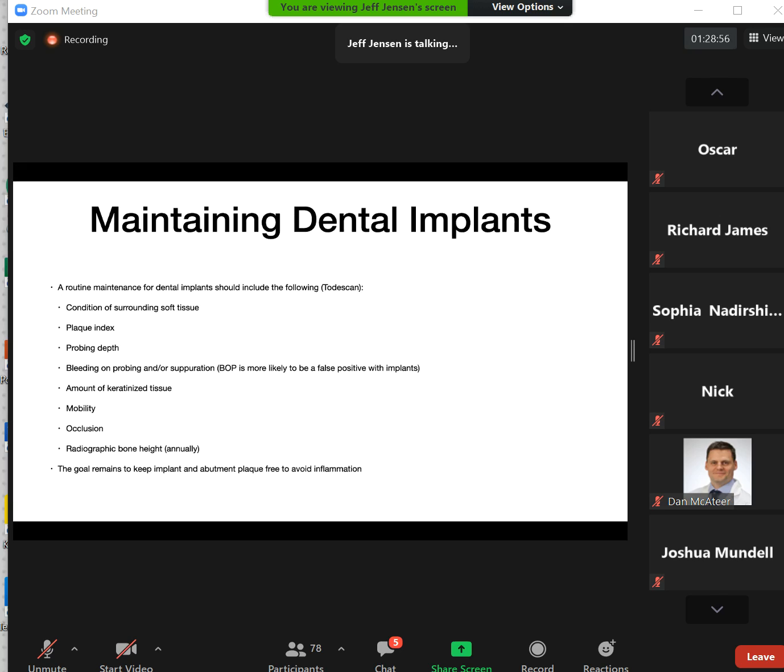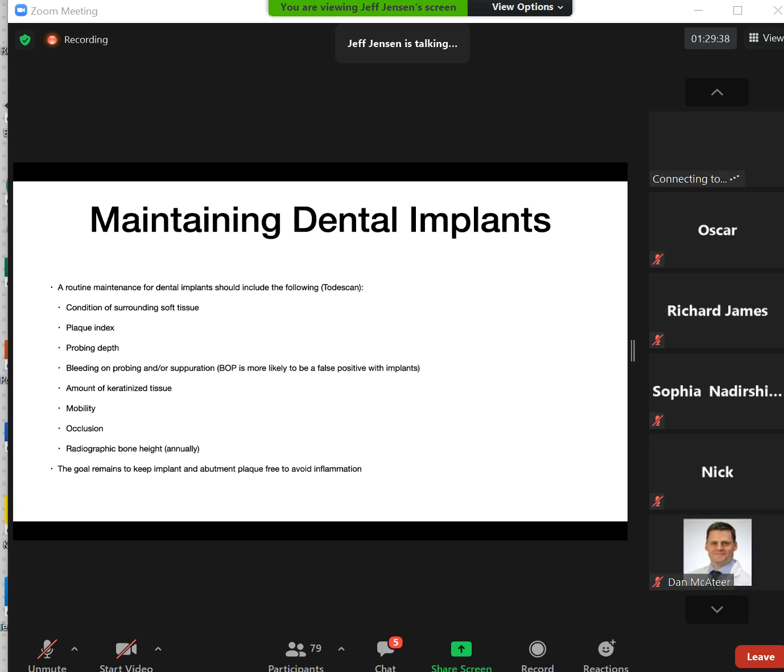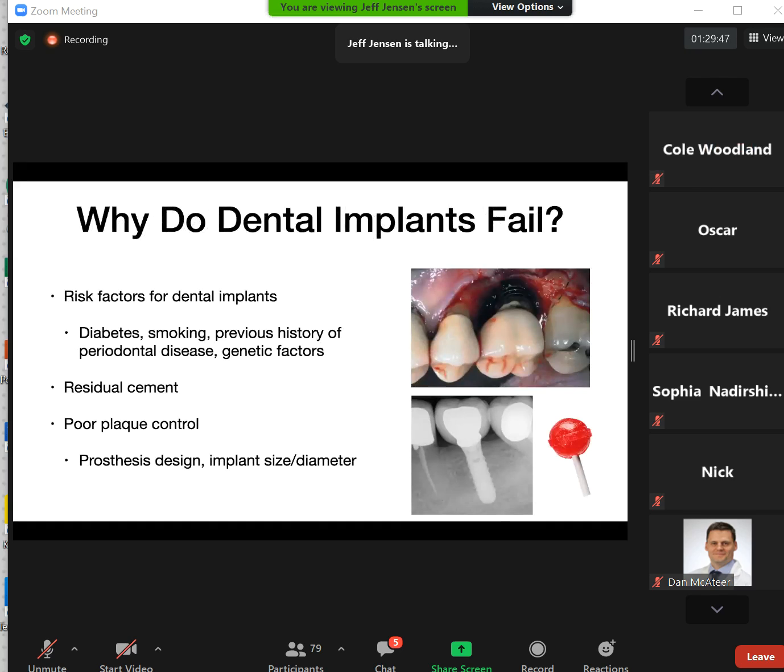So just probing those sulci can sometimes cause bleeding, even if it's not truly inflamed, because it's less resistant to our probe. We're monitoring keratinized tissue, monitoring for recession, and checking mobility and occlusion. An annual radiograph is recommended to monitor the bone yearly. The goal of all of this is to keep the implant plaque-free and healthy for the patient, avoiding implant inflammation.